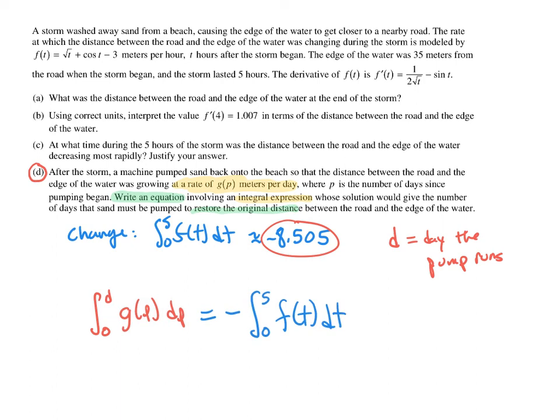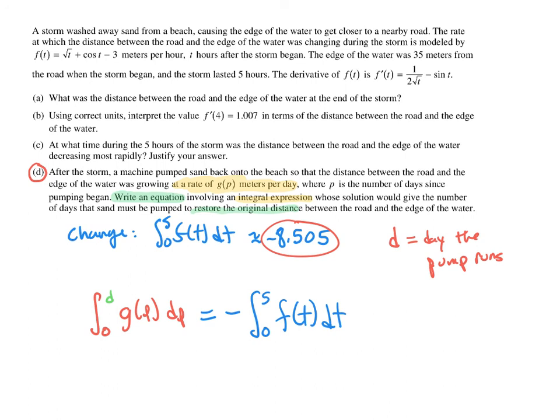And just for emphasis, let me make this D a different color, because that's the thing we're going to solve for. If we were to solve, right? They didn't ask us to do that. They said write an equation which has an integral expression, and that's what we did. Let me just make sure this thing looks right. I'm going to start running the pump, and I'm going to accumulate the change, right? g of p is a rate, so if I integrate the rate, I'll get the amount of sand.